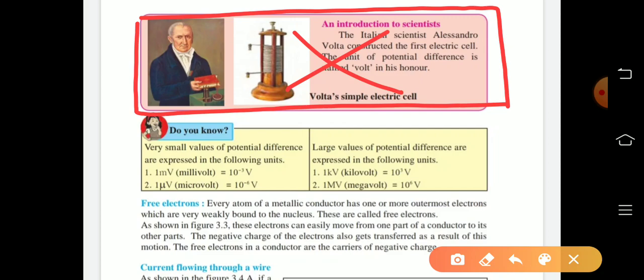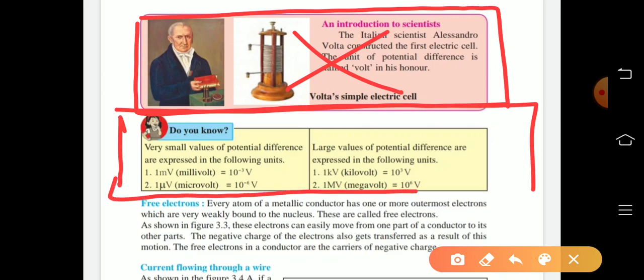Clear? Next. Do you know? Next yellow color box. That part is also omitted from our syllabus. Don't read. For your knowledge, you see what is given in those two boxes. Next. Now next part, free electrons.